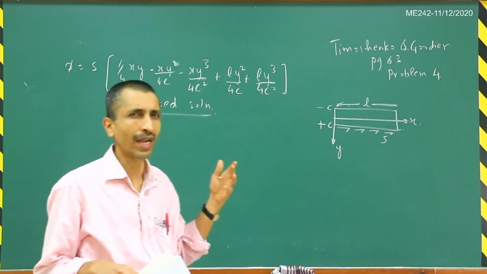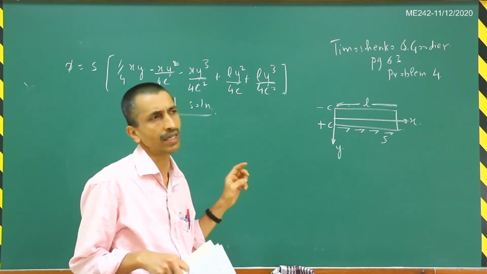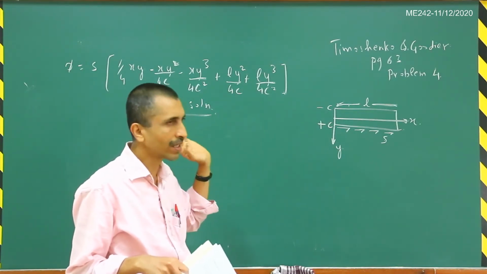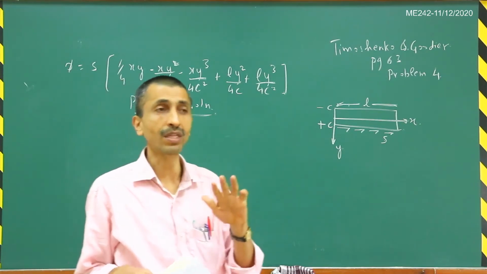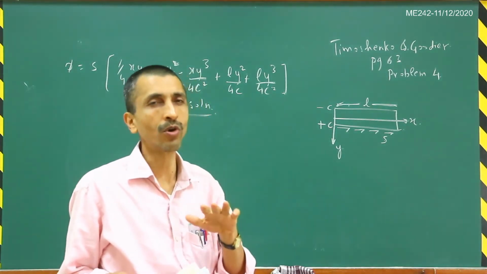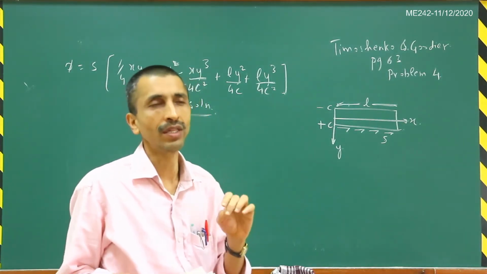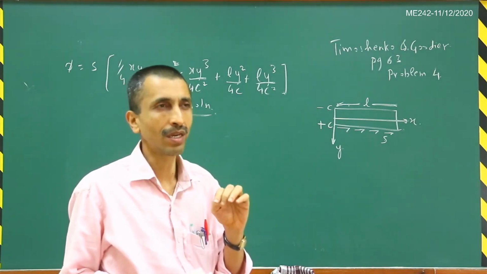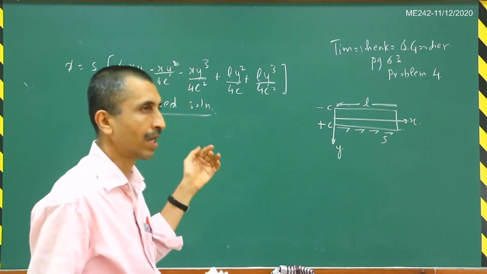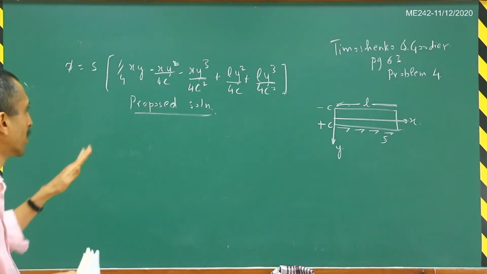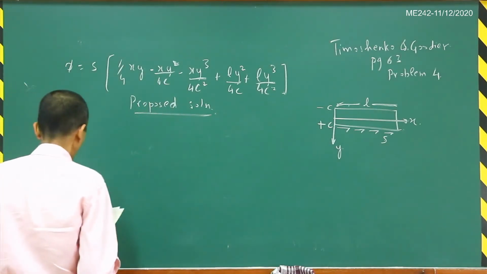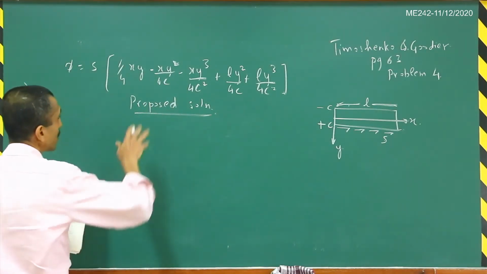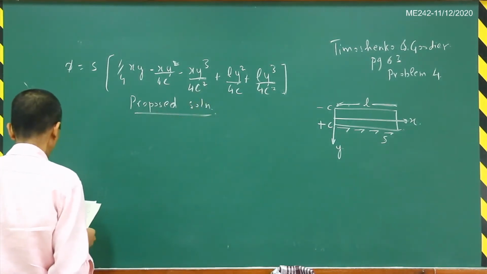So you can get the idea that it gets very complicated there. We will not get into that systematic method, but if you want to know more about it, then chapter 6 in my book gives that systematic method. So right now let us just try whether this proposed solution satisfies all the boundary conditions or not.